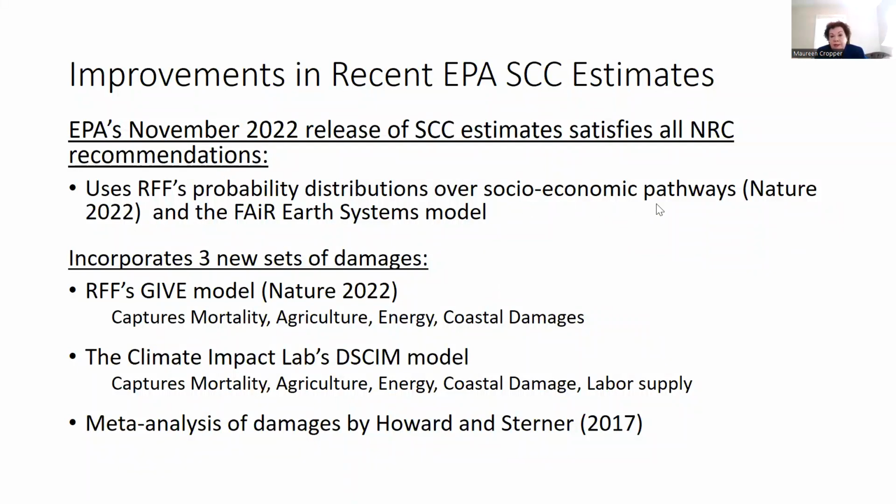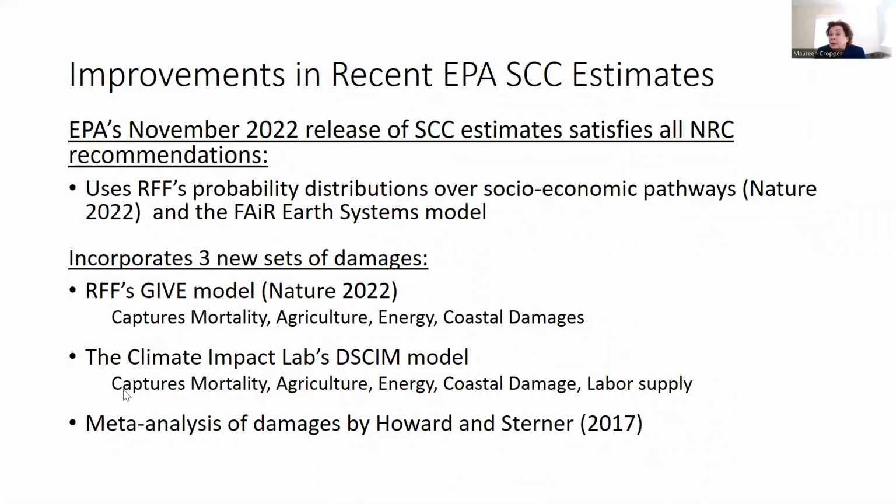RFF's probability distributions over socioeconomic pathways, which were published in Nature, were used. An Earth system model called the FAIR model was used, and there were 3 new sets of damages going beyond DICE, FUND, and PAGE, generated by RFF that examined impacts of temperature changes on mortality, agriculture, energy, and sea level rise on coastal damages.